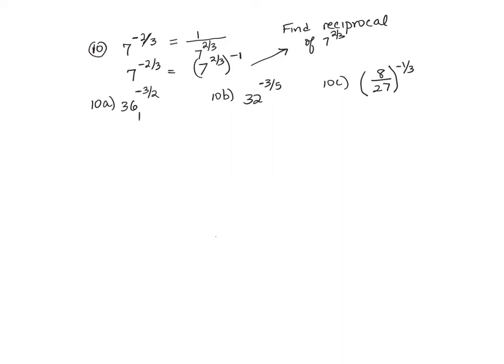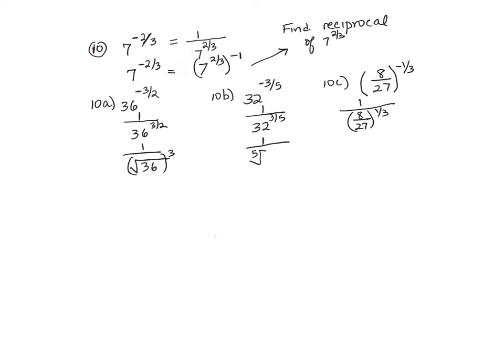So we're going to get the reciprocal of 36 to the 3 halves here, the reciprocal of 32 to the 3/5, and the reciprocal of 8/27 to the 1/3. So this is 1 over the square root of 36 cubed. This one would be 1 over the 5th root of 32 to the 3rd.